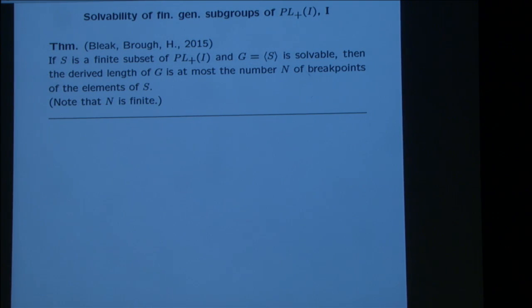Well, the answer is actually Thompson's group F is not solvable. And so if I start building subgroups inside, I will end up finding an infinite sequence and no sequence of length 9.